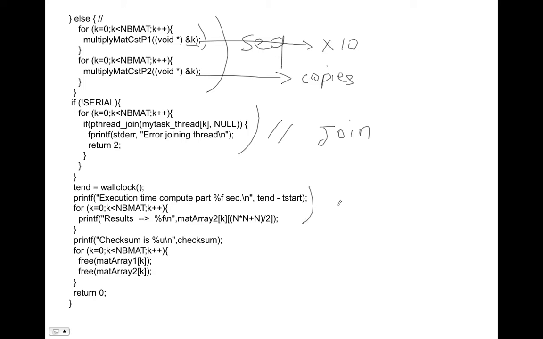Here I'm displaying the result. And here I have the checksum, so I can compare that the parallel version is equal to the sequential result. Then I free the matrices, and this is done.